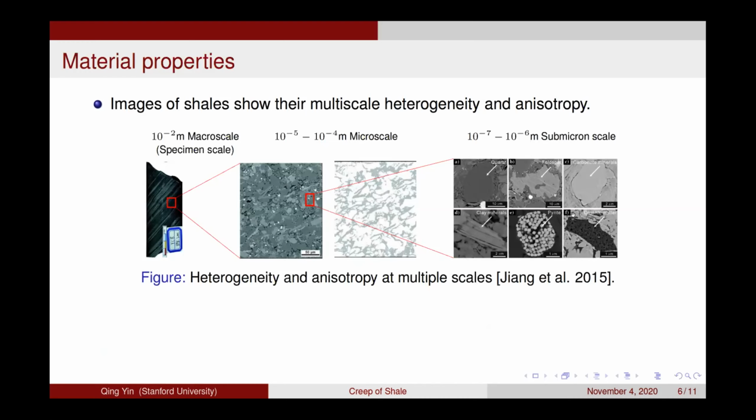And we also have the organic matters. Here we can divide the materials into two phases. One is the hard phase, which means the materials are very hard in terms of their elastic Young's modulus. And we also have the softer materials, the organics and the clays. They are the major contribution to the creep behavior of shale.